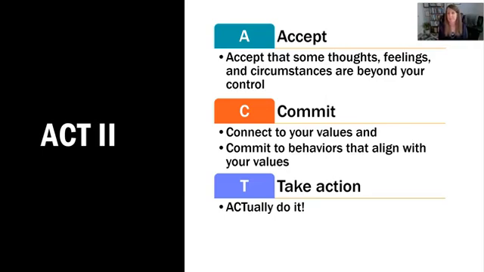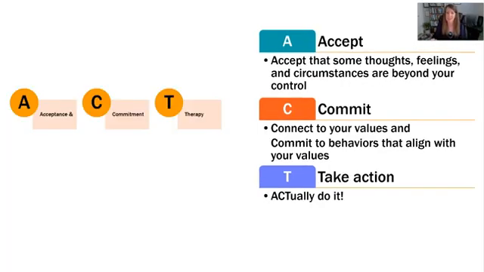You first accept that some thoughts, feelings, and circumstances are beyond your control. Commit, and that starts with connecting, the other C, connecting to your values, and then committing to behaviors that align with your values, and then T, actually take action and actually do it. Okay, so those are the 2 acts that I want you to think about.